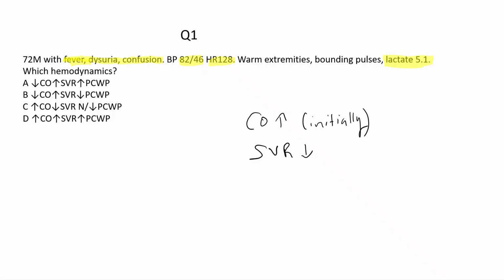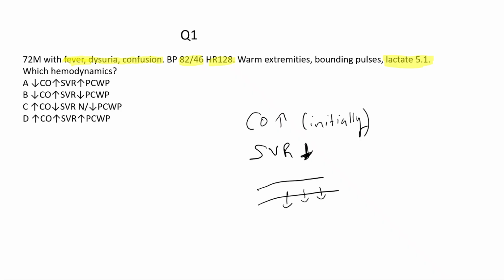The reason behind this is in sepsis, it's an inflammatory response, and in your capillaries and other vessels, it kind of leaks out volume, right? And your vessels also become dilated. So that means that you have dilated vessels, which means that you have a lower systemic vascular resistance.